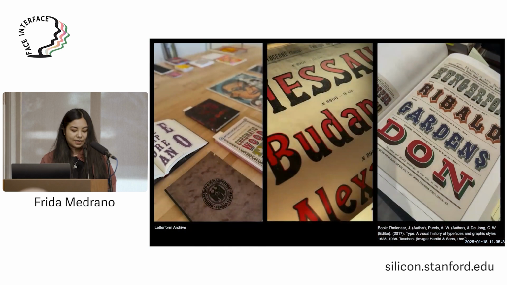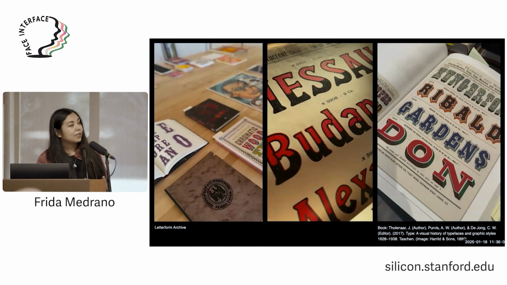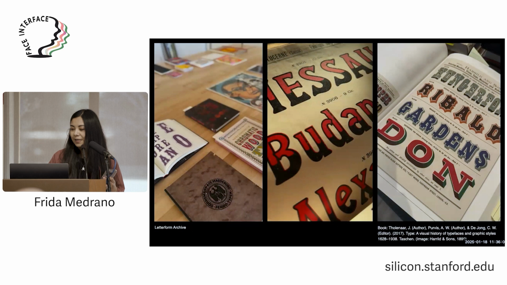That was just one example, but actually, Letterform Archive has research visits, and I went there, and I could see a lot of other examples of other pieces of chromatic type and layering techniques over multiple periods. And the one on the right, that was also one that is super beautiful. It's from Harrild and Sons, and it also has these layering techniques happening.